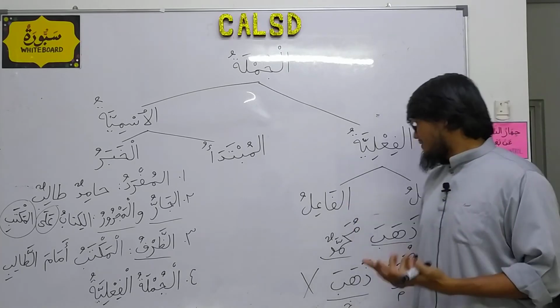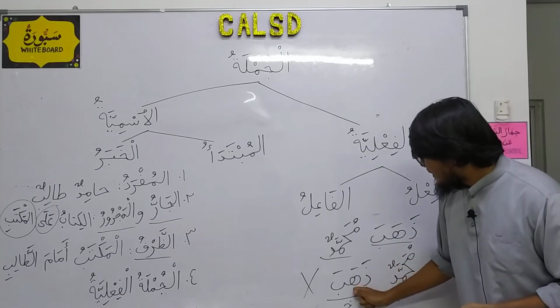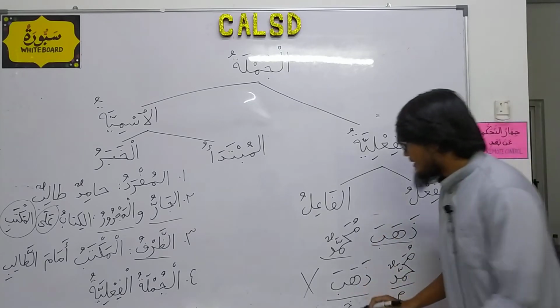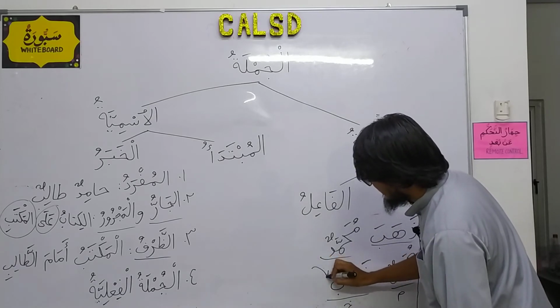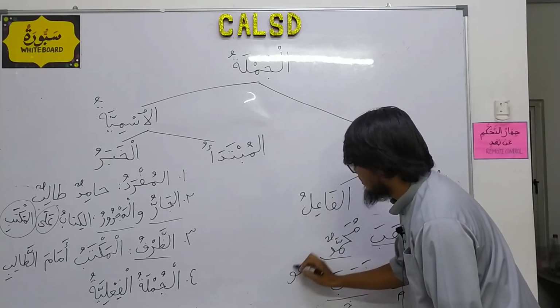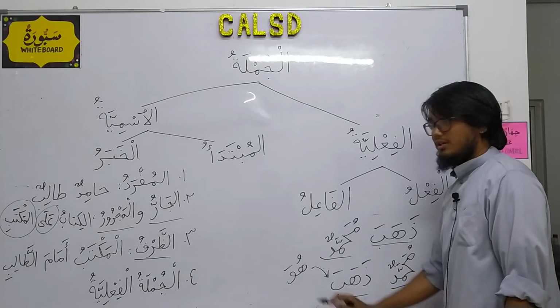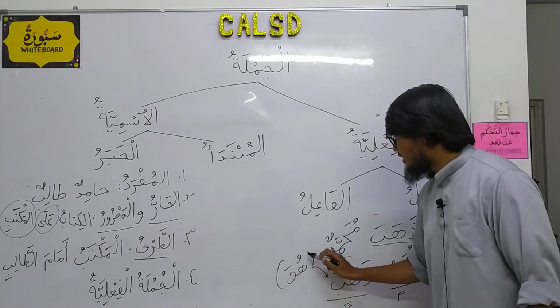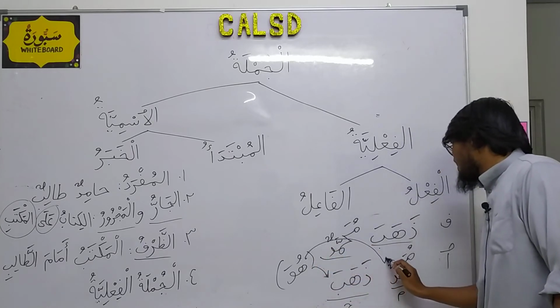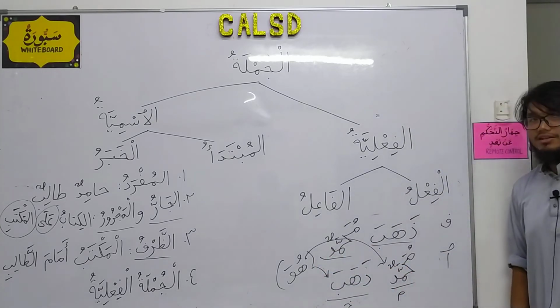The real answer is, dhahaba is the fi'l. The fa'il is actually the domir inside, which is huwa. Okay, huwa. Muhammadun dhahaba. So this is huwa, that points back to Muhammad.